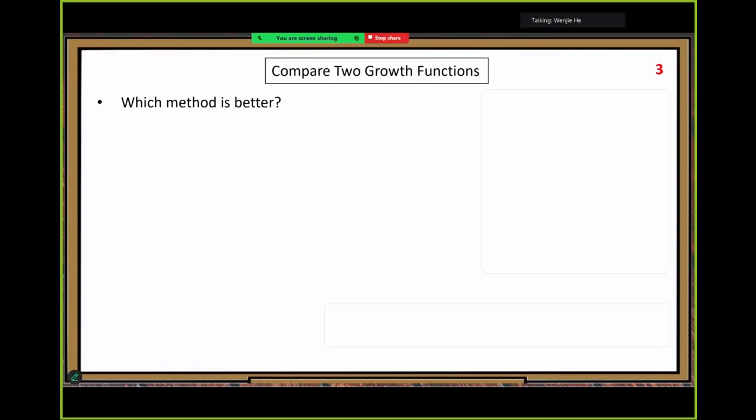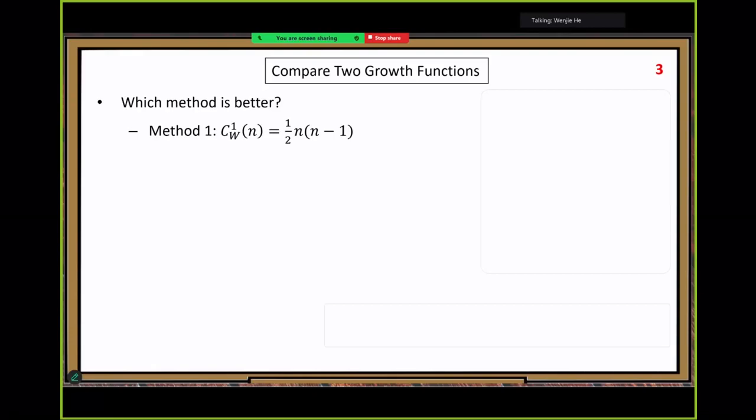So now we need to compare their two growth functions and see which one is better. Method 1, the worst case, the C function, growth function, is that. Remember, we count the global comparisons, so the total number of comparisons is this function.